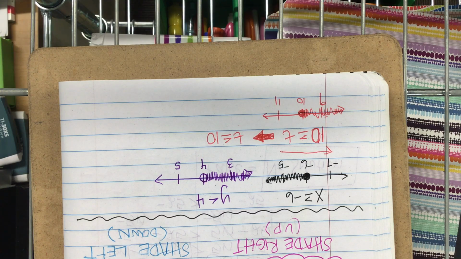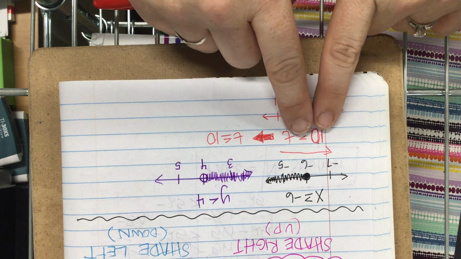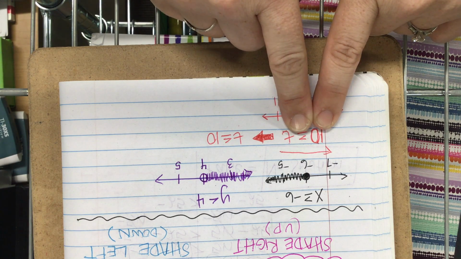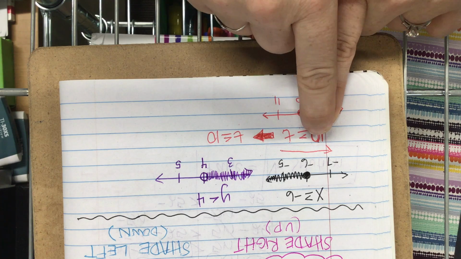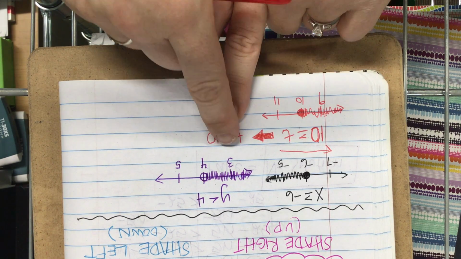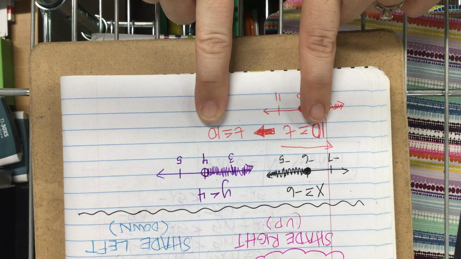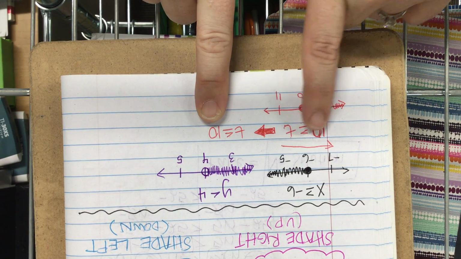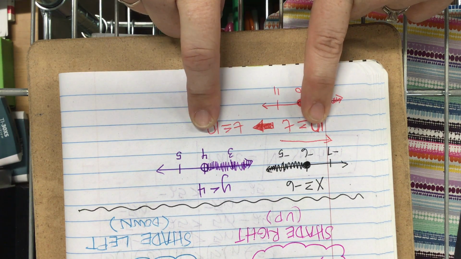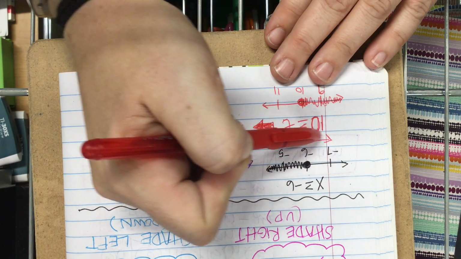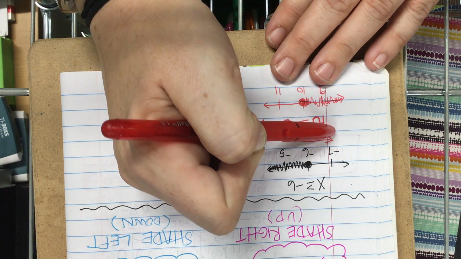Do you recognize how these are the same? Because the inequality, for lack of a better term, opens to, it eats the 10, correct? So when I rewrite it, my inequality still has to open to and eat. The alligator eats the bigger thing, right? Over here the alligator's eating 10, so over here the alligator needs to eat 10. It's the same thing reading right to left as left to right. It just sounds different, but it means the same.